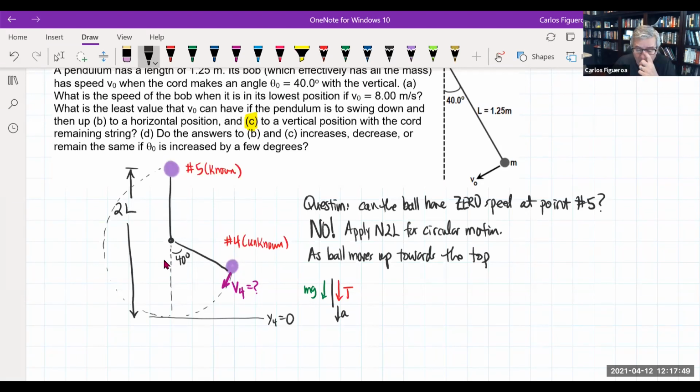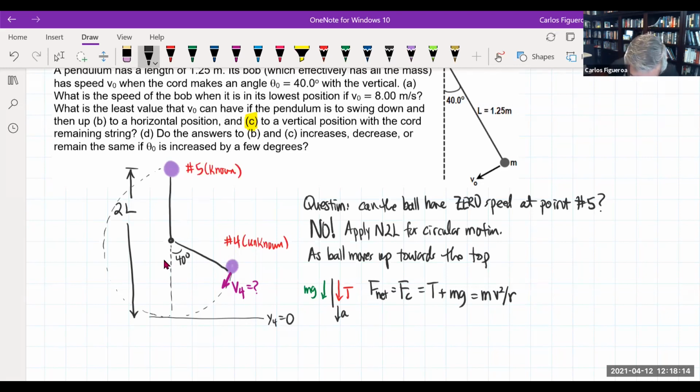And what we saw here is that when we applied the net force, which we call the centripetal force in this case, this was tension plus mg had to be mv squared over r, where v squared over r is the acceleration.